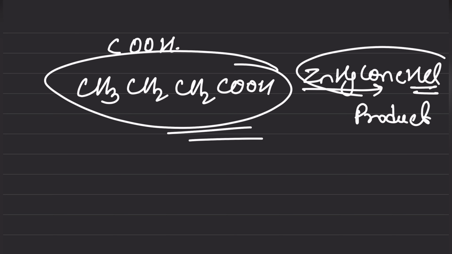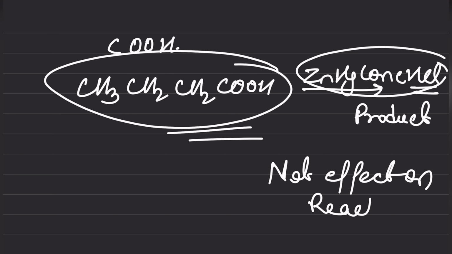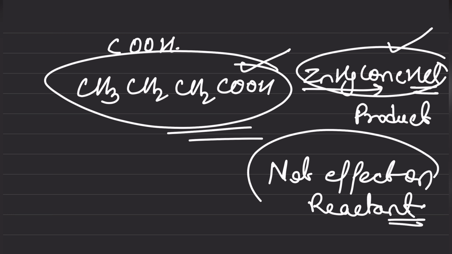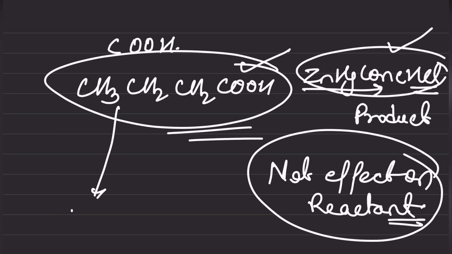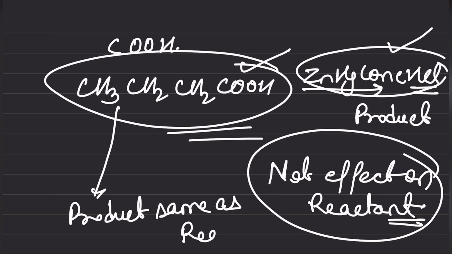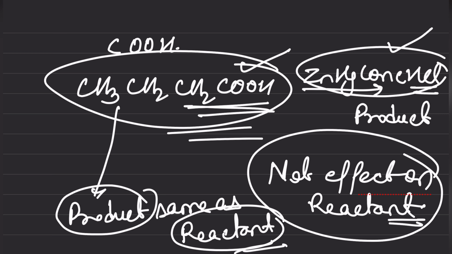Since COOH is also an acid, no effect will be there with Zn-Hg concentrated HCl. The product will be the same as the reactant.